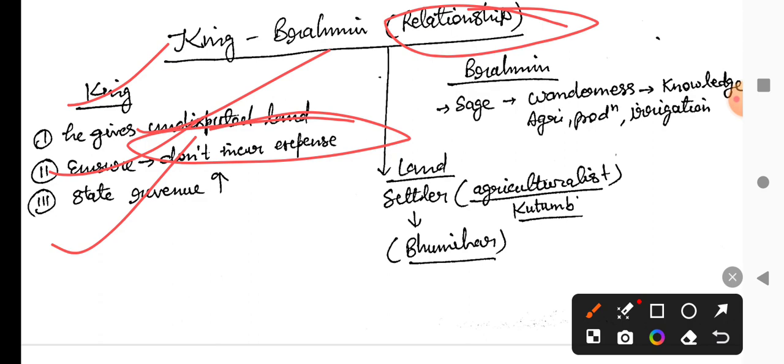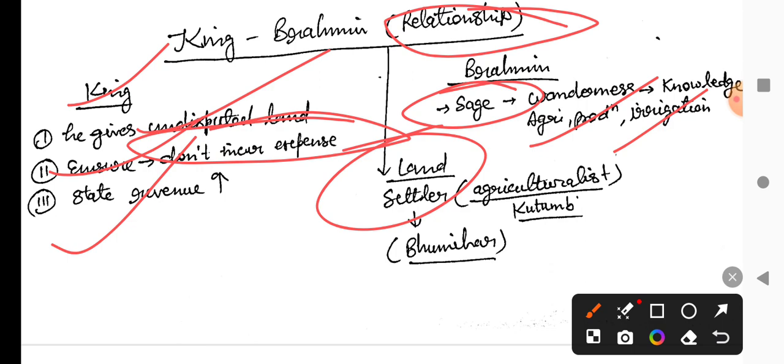And state revenue will increase because the Brahmins saved wilderness and had knowledge of agriculture, production and irrigation, and they were the knowledge givers to the state on how agriculture and its production and irrigation system evolved, okay.